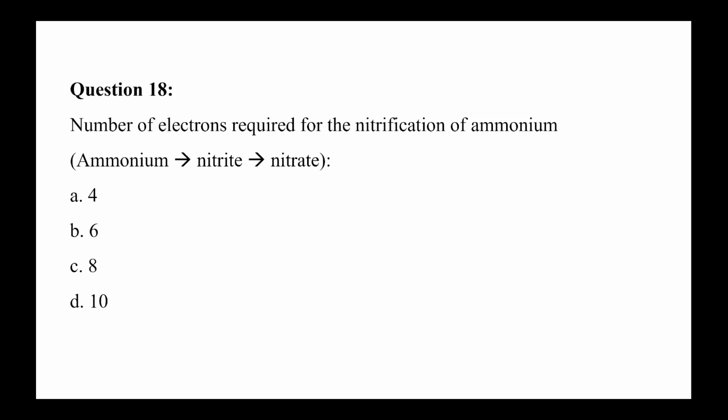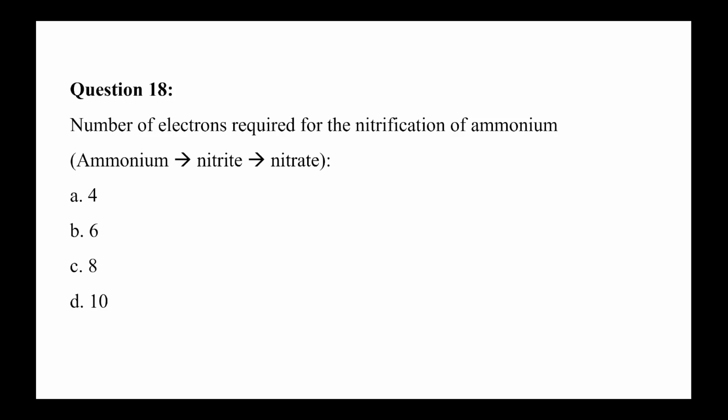Number of electrons required for the nitrification of ammonium is: option A 4, option B 6, option C 8, option D 10. What is nitrification of ammonia? Basically, conversion of ammonia or ammonium into nitrite and then nitrate.